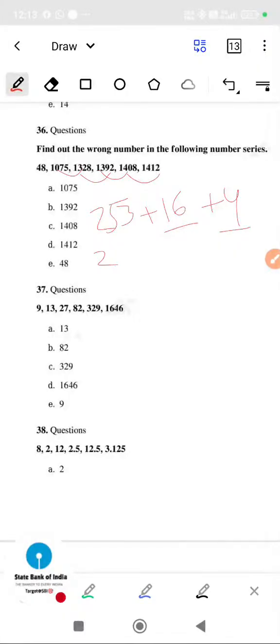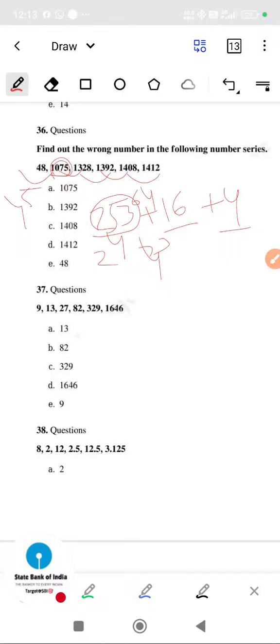So here we forgot to write the difference between these two, which is 64. So 64, we get a 4 cube. This must be 2 power 4, which must be 256, but here we have 253. So our wrong number must be 1075. So the next one must be 4 power 5. Here it is clear that 1075 is our wrong number.